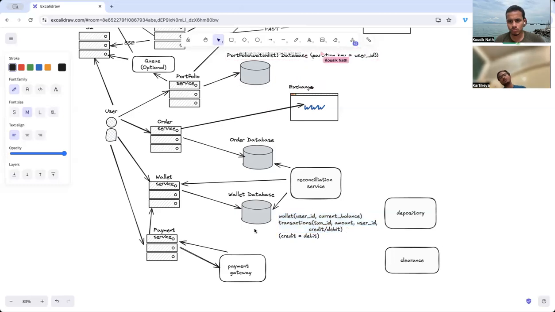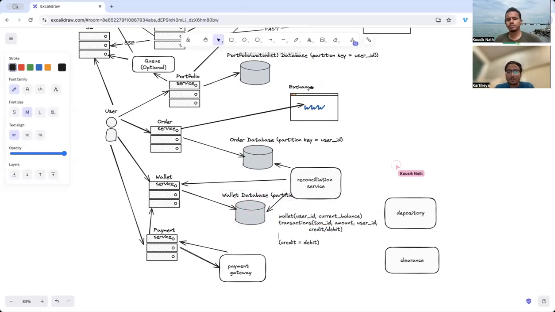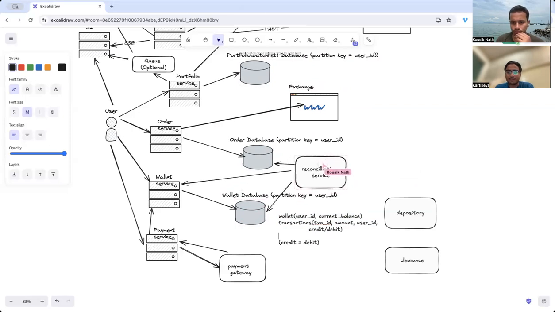That is one thing. That's why we need ACID properties on this database. So that's why we need a SQL database for the wallet database definitely. And if any of these operations fails, then the whole transaction will be reverted. That is one thing.